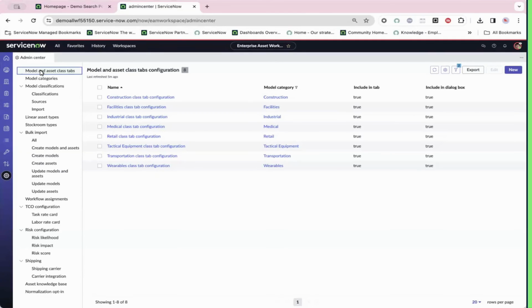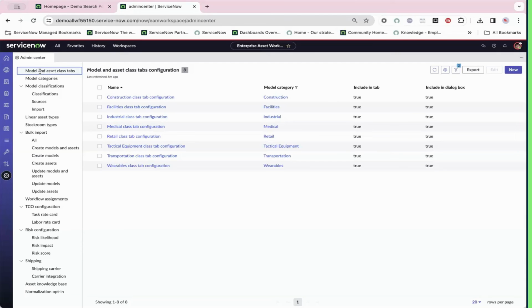So administrators typically have to perform configuration functions from multiple different places. And so with enterprise asset management, this admin center gives you that centralized place to initiate all of your EAM configuration and obviously all of your ongoing admin functions.